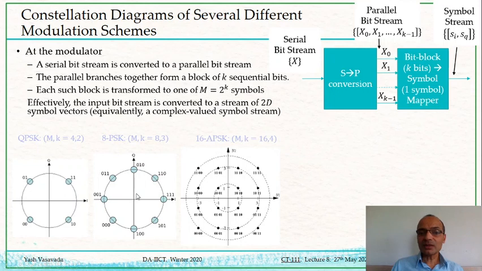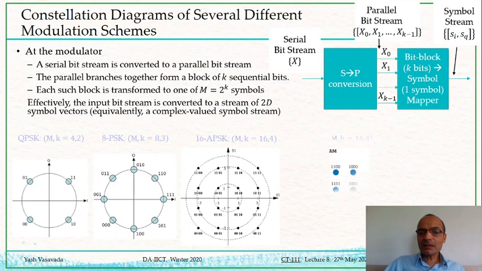The amplitude is not getting modulated, amplitude is remaining constant, only the phase is getting changed or modulated. For 16-array APSK, or in general APSK, both amplitude and phase are getting changed as you go from one symbol to the other. And so now here there are actually three circles, as you can see, and they form this type of constellation scheme.